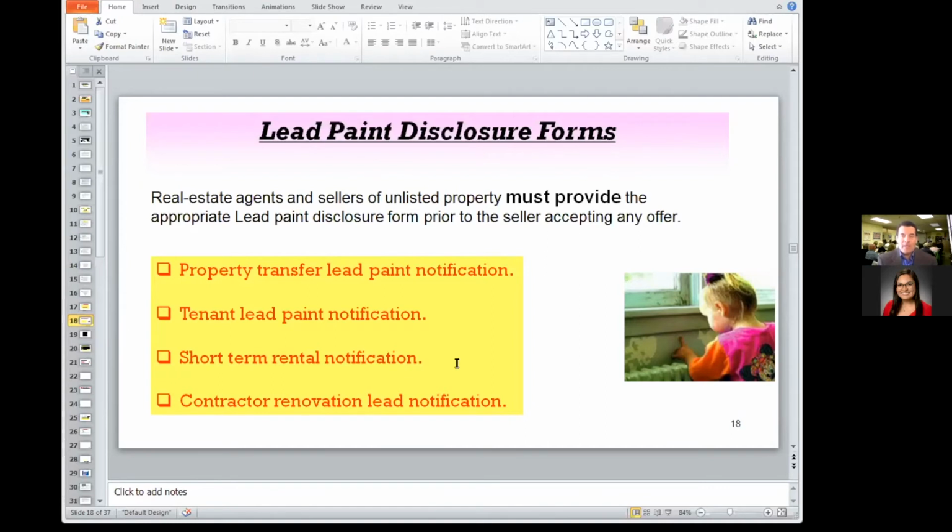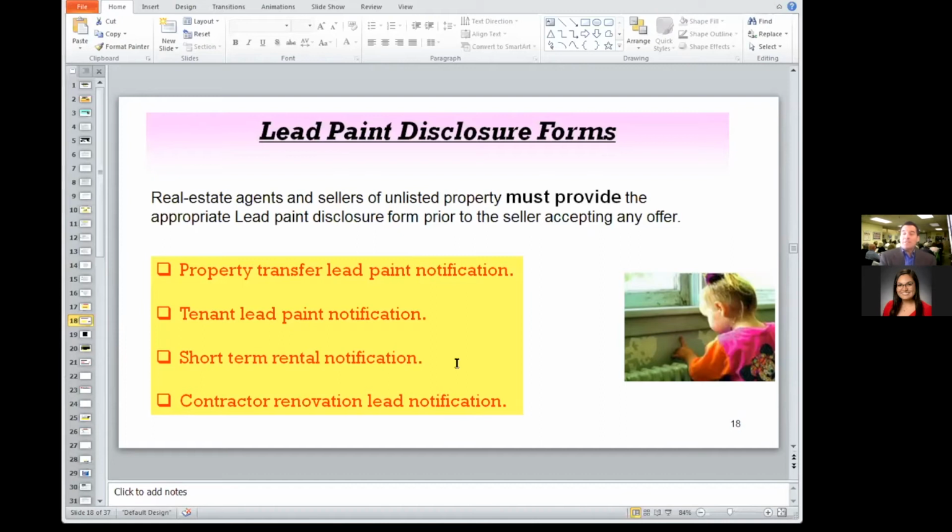In a house built before 78, little kids under 6 can live in that little place on vacation, and that would be fine as long as the place doesn't have peeling paint and chipping paint. It has to be in good shape, but it does not need a lead certificate because you signed the waiver. There is a waiver, and that waiver is called the short-term vacation rental lead paint disclosure form.